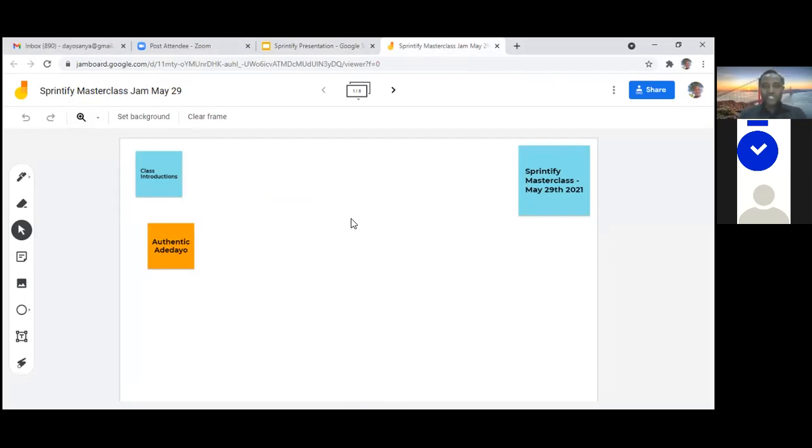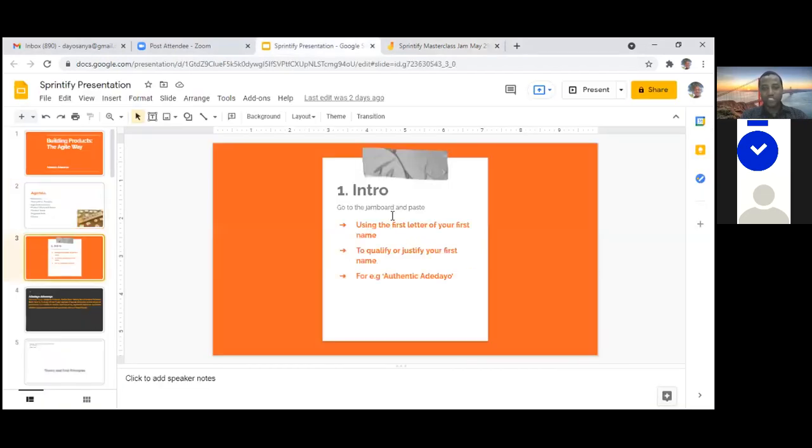So I want us to introduce ourselves using the Google Jamboard. If you are not familiar with it, it's very simple to use. You just create a sticky note. You go to this left-hand corner here. This is how I want us to do it. Go to the Jamboard and paste using the first letter of your first name to qualify or justify your first name. So for example, I have an example here. I wrote authentic Adedayo.